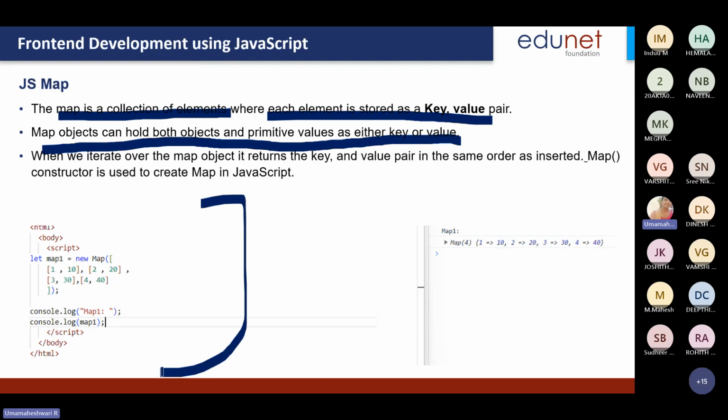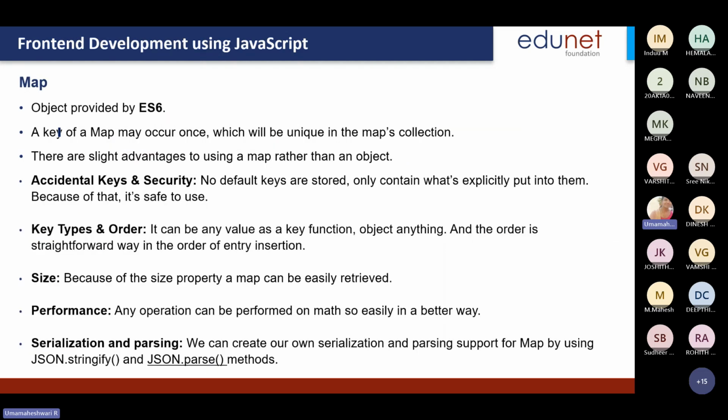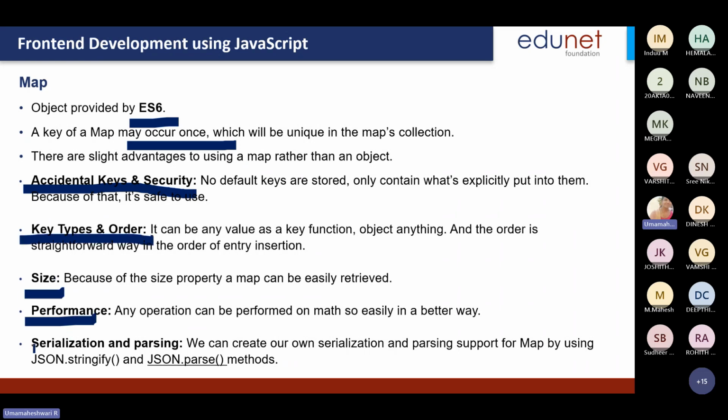This object was provided by ES6, and a key of a map may occur only once and will be unique in the map's collection. There are slight advantages to using a map rather than an object: accidental keys and security, key types and order, size, and performance and serialization.